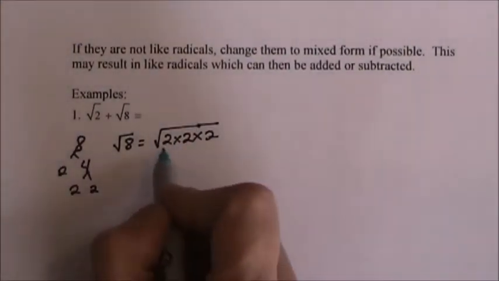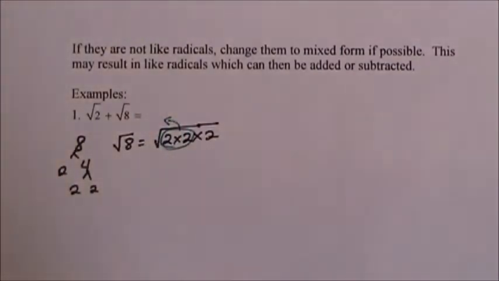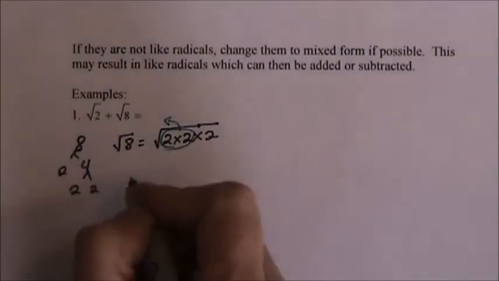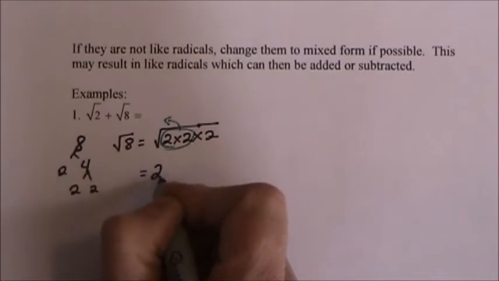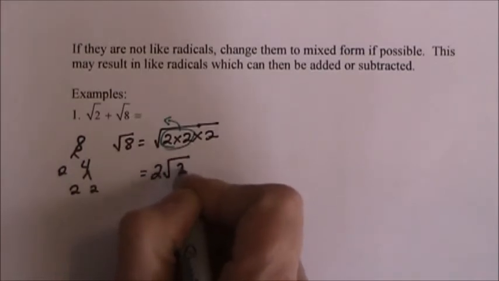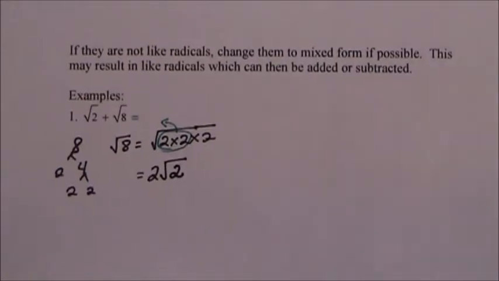And so we have two 2's that we can circle, and they can move out. And we have one 2 that has nobody to go with, so it has to stay behind. So our circled 2's move out, become a single 2 on the outside. Our other 2 stays behind. So we now have the square root of 8 has been simplified into 2 square root 2.